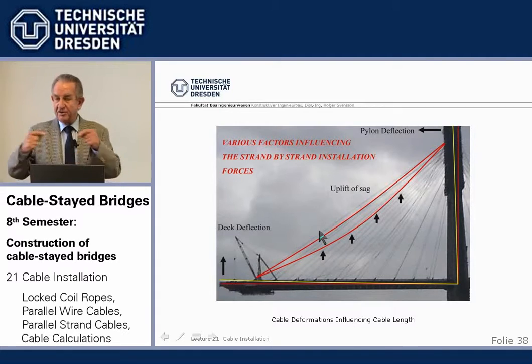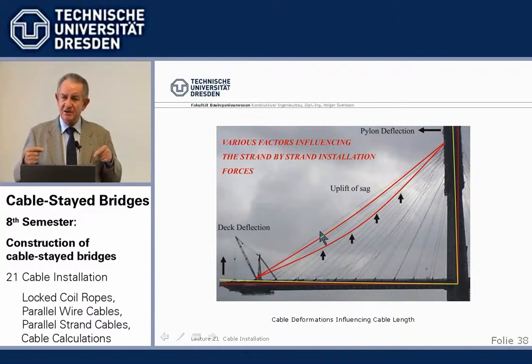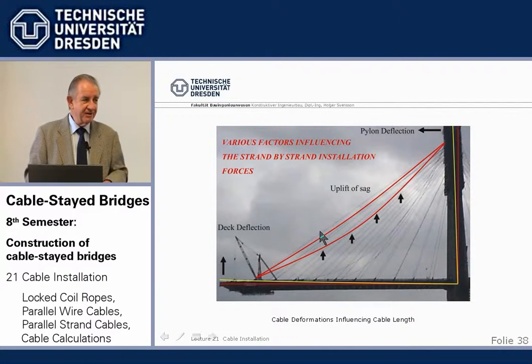So all this, of course, can be calculated and is calculated, but for me, who has done several cable-stayed bridges with shop-fabricated cables, given lengths, I always felt better with erection by geometry than with erection by force. But it is done, and of course we can later on change the cable length.